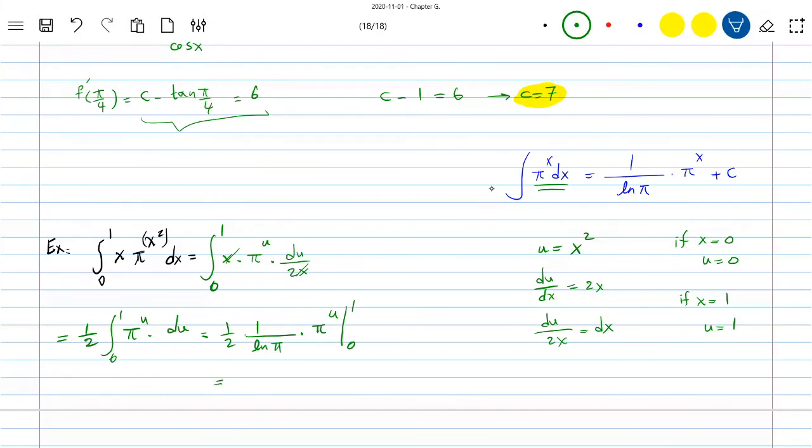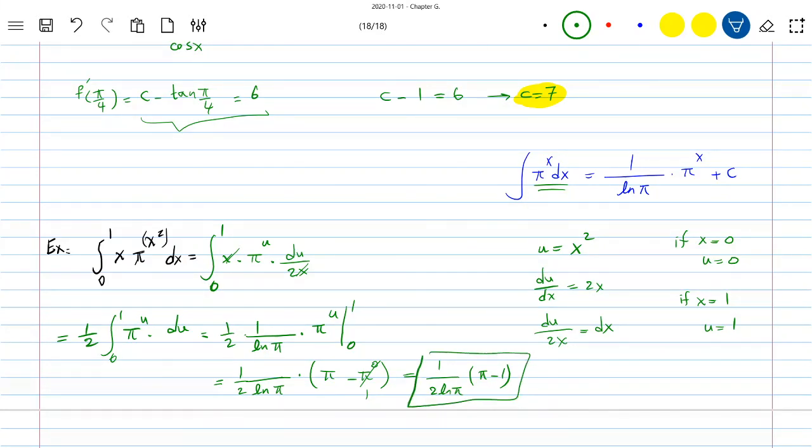If you replace 1, what we get is 1/2 ln pi multiplied by pi to the power 1. If you replace 0, you get pi to the power 0, which is simply 1. Pi to the power 1 is simply pi. So what we have is 1 over 2 ln pi times pi minus 1. That's it.